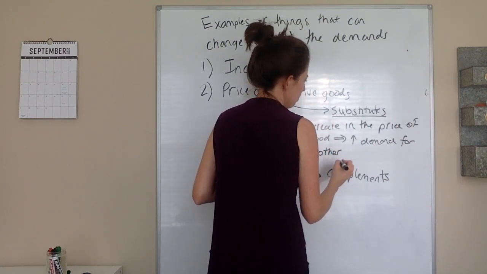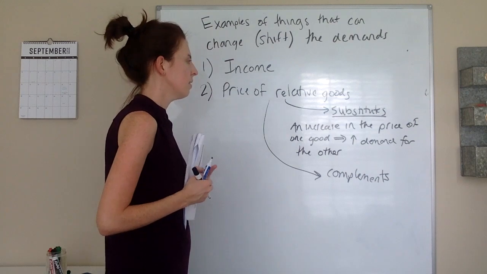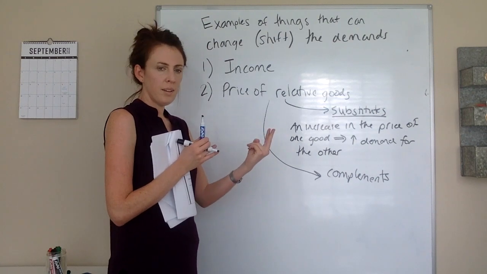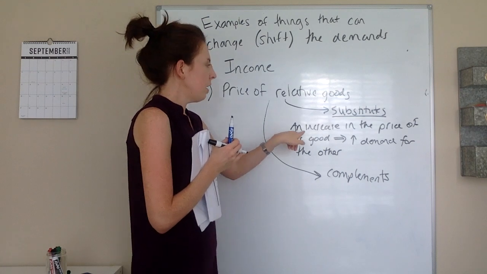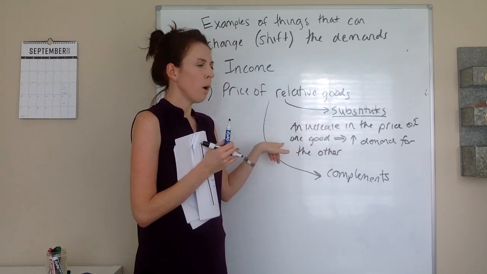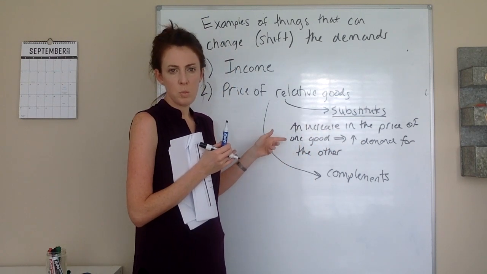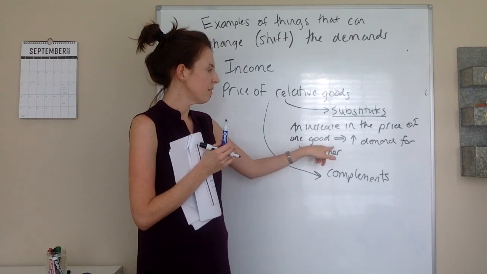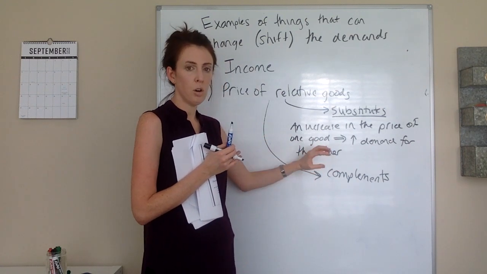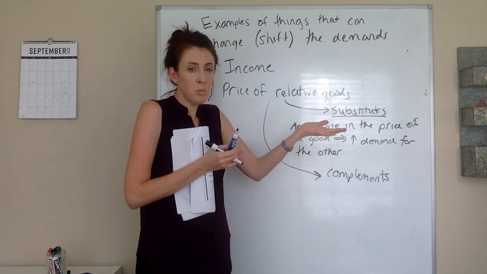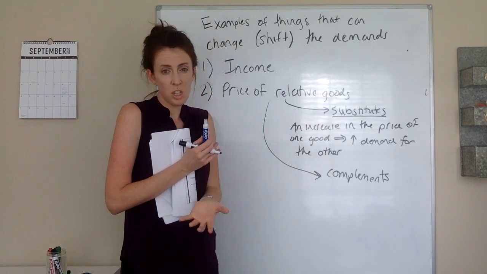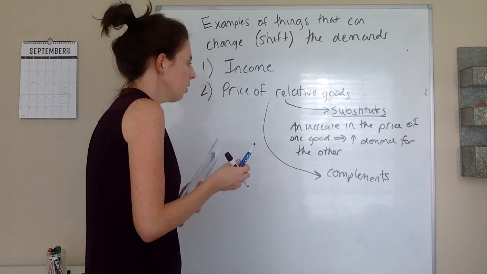So hopefully this is intuitive. The idea here is you got white bread and wheat bread, they're substitutes for each other. And if there's an increase in the price of one good, so let's just say wheat bread becomes more expensive, well then what happens? There's going to be an increase in the demand for the other kind of bread, white bread. And the idea is if one thing becomes really expensive, let's just switch to the alternative that's cheaper.